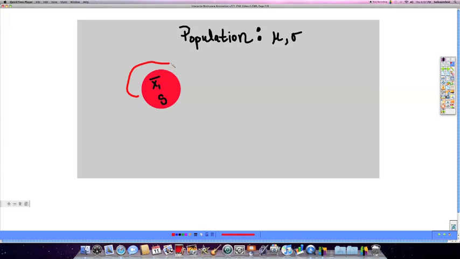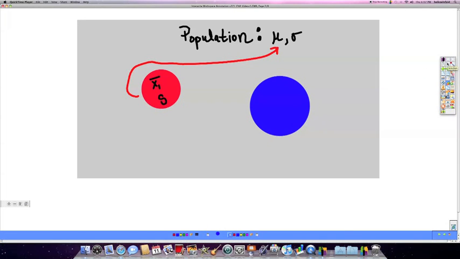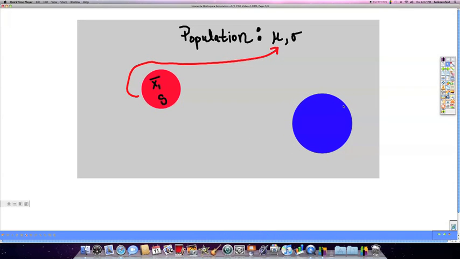So we use this to estimate the mean and standard deviation of the population. And of course, the more samples we take and we compare all of the means of those different samples, the better our estimates become.